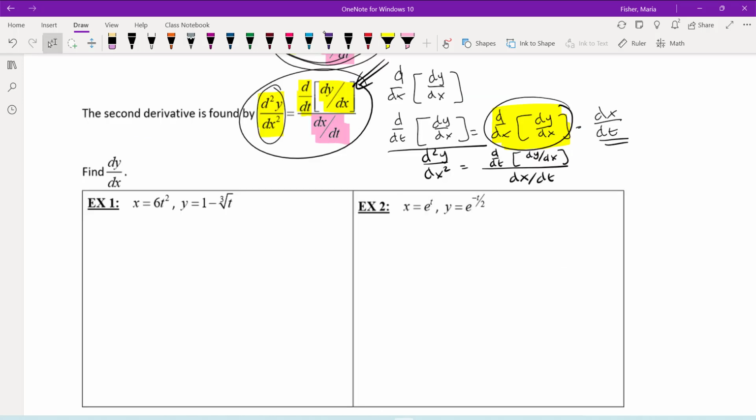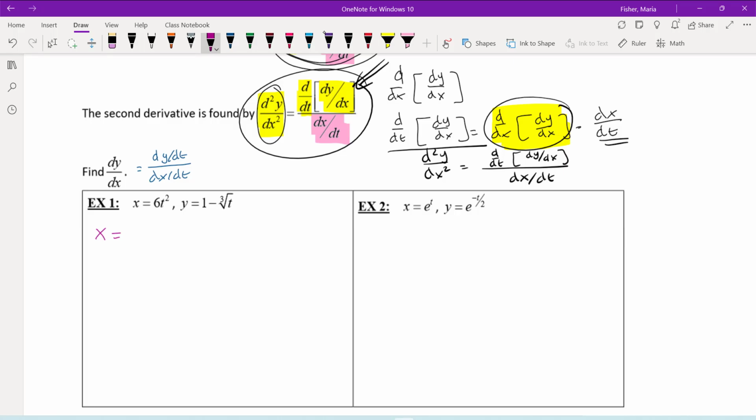Example 1 gives us that x is equal to 6t squared and y is equal to 1 minus the cube root of t. If I need to find dy/dx, I know that that's equal to dy/dt divided by dx/dt. So I need to find the derivative of y with respect to t and the derivative of x with respect to t. Let's begin by finding the derivative of each one with respect to t.